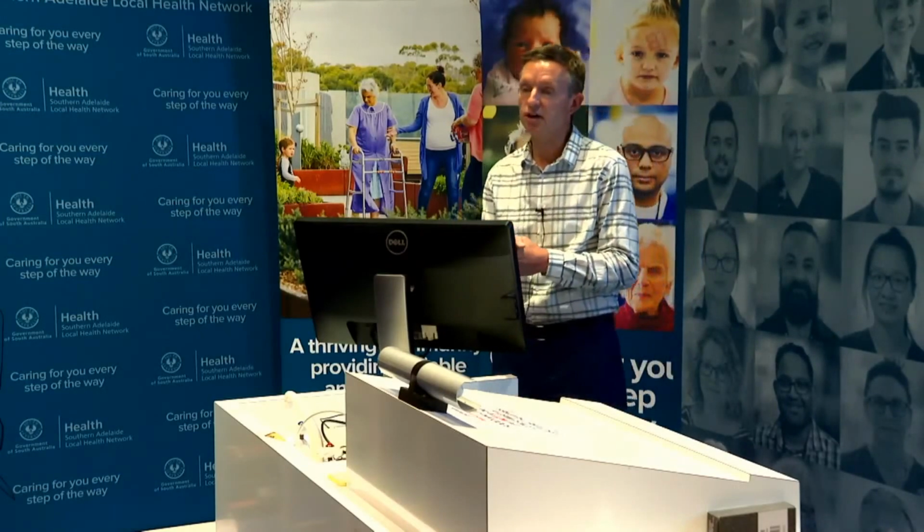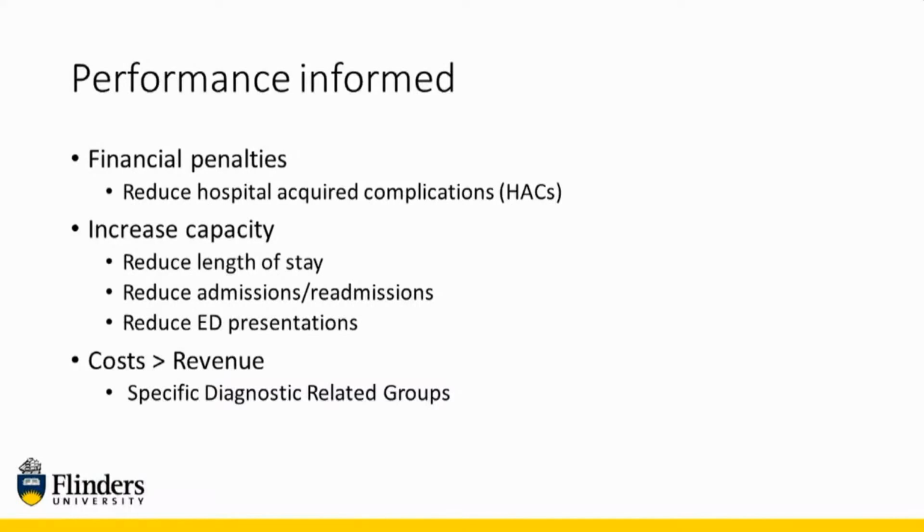From a performance perspective, in practice, how might we identify areas in which we want to use economic evaluation to support improved performance? We may look at areas in which the health service is incurring financial penalties.